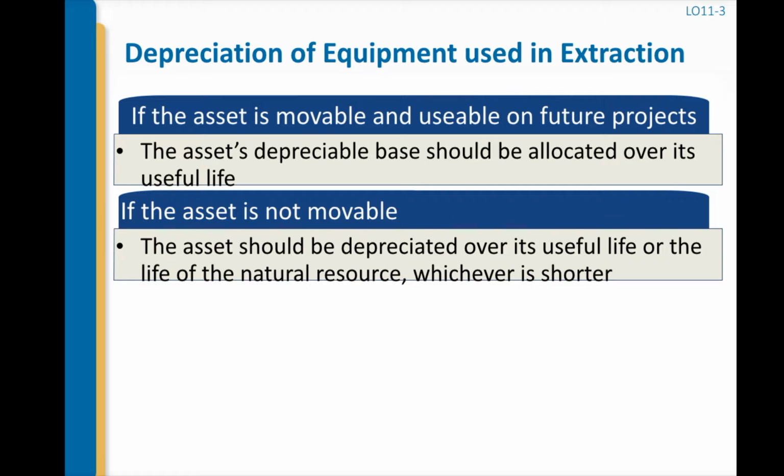If the equipment can be moved from the site and used on future projects, then the depreciable amount of the equipment should be allocated over the entire useful life of that equipment. If you can't move it and it has to just stay where it is, then it should be depreciated over its useful life or over the useful life of the natural resource, whichever time period is shorter.